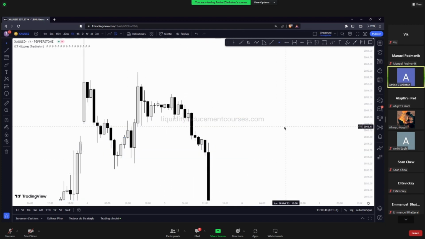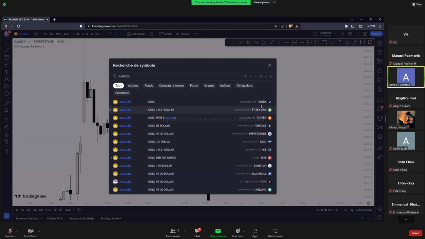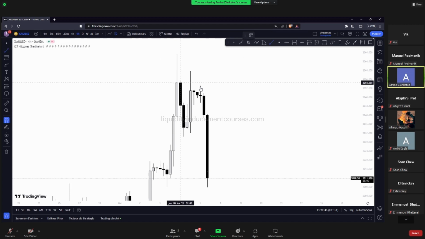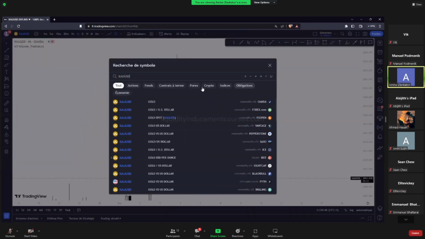But then I started checking other brokers. On this one, H4, there is no breakout. Forex.com, there is a breakout.